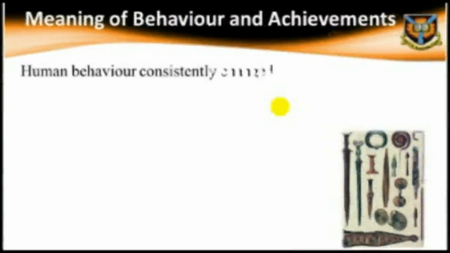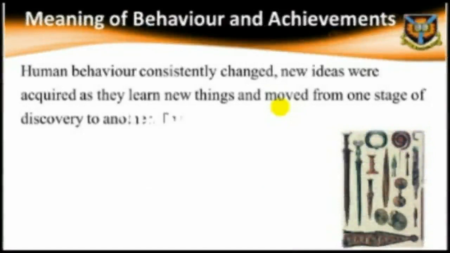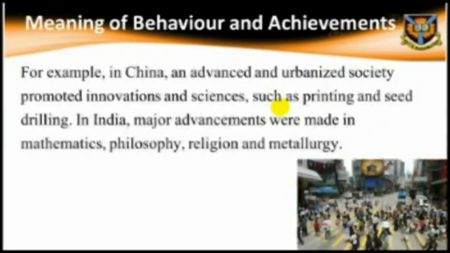Human behavior consistently changed. New ideas were acquired as humans learned new things and moved from one stage of discovery to another. The late Middle Ages saw the rise of revolutionary ideas and technologies. For example, in China, an advanced and urbanized society promoted innovations and sciences, such as printing and seed drilling.